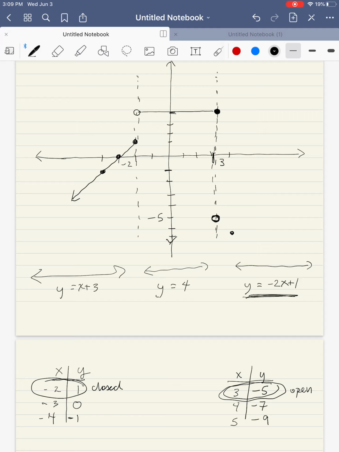And then 5, negative 9. And I have my portion of the graph over here. That looks like this. So that's what the piecewise graph looks like.